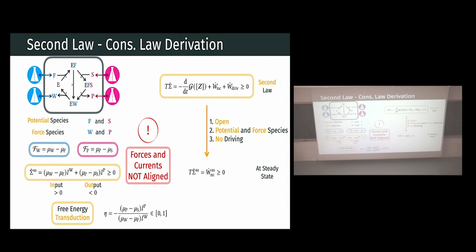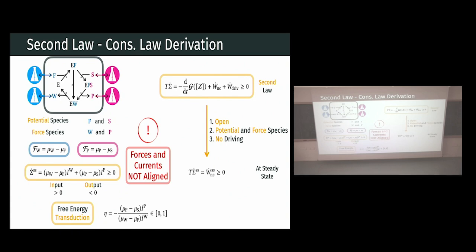Now, if you interpret one as an input and the other as an output, imagine that the first one is the interconversion of nutrients into waste. The second one is the interconversion of ADP into ATP. So we can evaluate the difference between the input, how much energy we get from the nutrients, and how much energy we can store in the ATP.